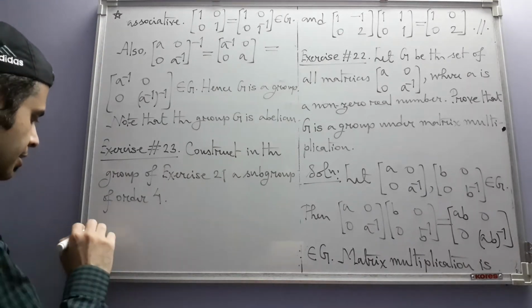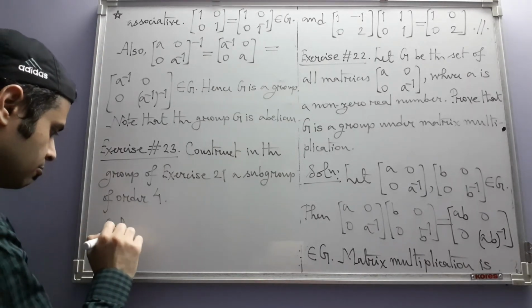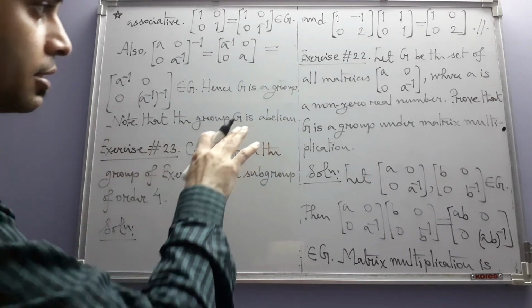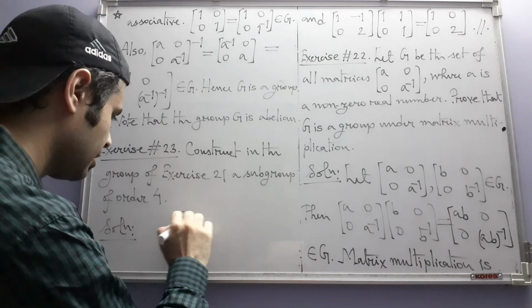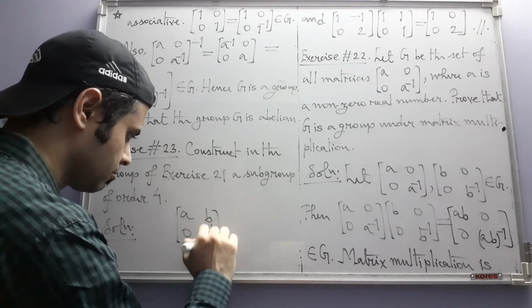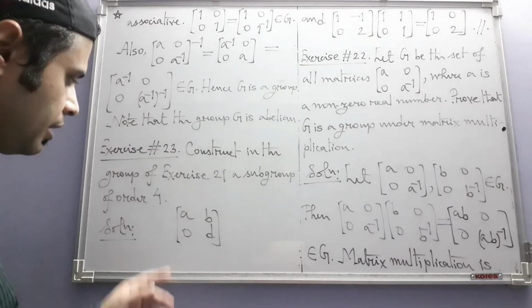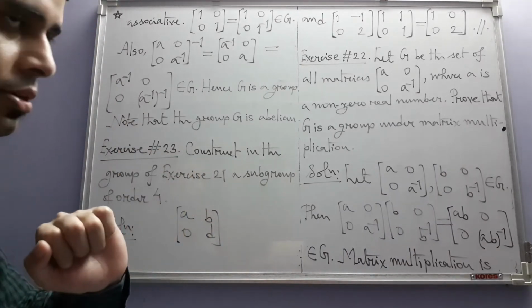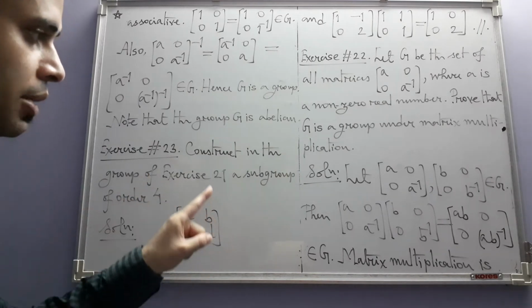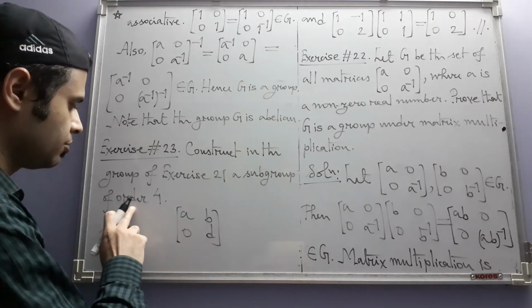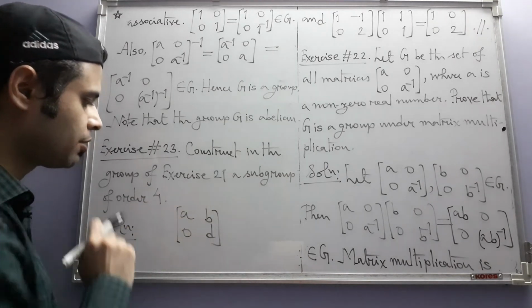So in the group of exercise 21, namely where we have matrices of this form, where A, B and D are real numbers and AD is non-zero, note that the group itself is infinite. However, we have been asked to find a subgroup of order 4.